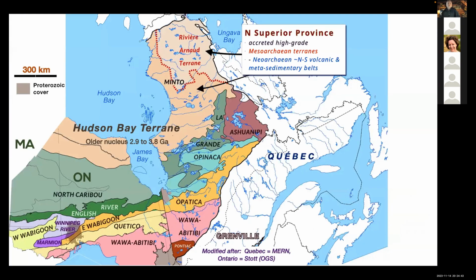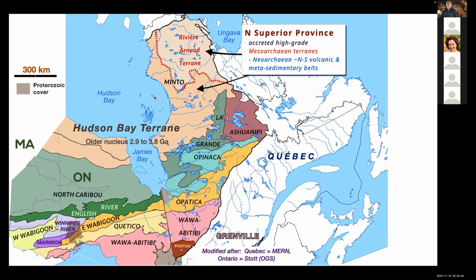So for those that don't know the geology, the Northern Superior Province in North America, and just here showing the Ontario, Quebec area, comprises two Meso-Archean to Paleo-Archean terrains. And these up here in the north, Riviano, Hudson Bay, they have been defined from isotopic data.